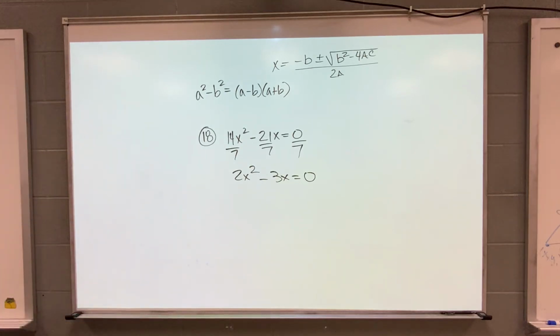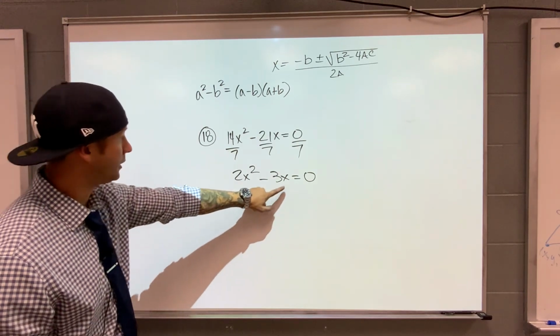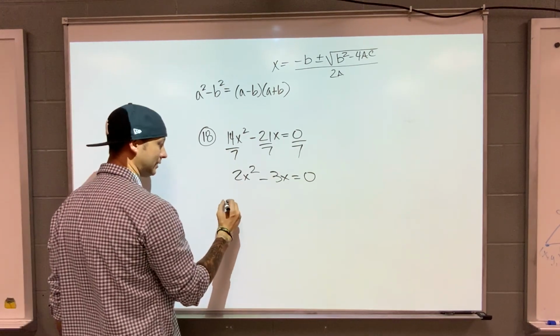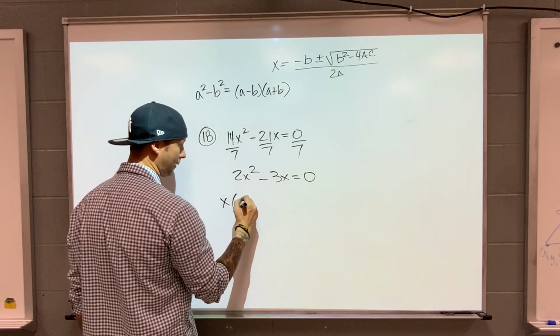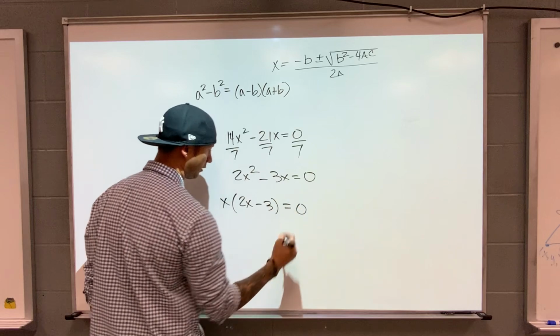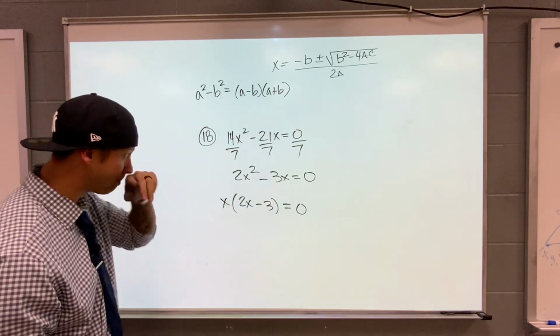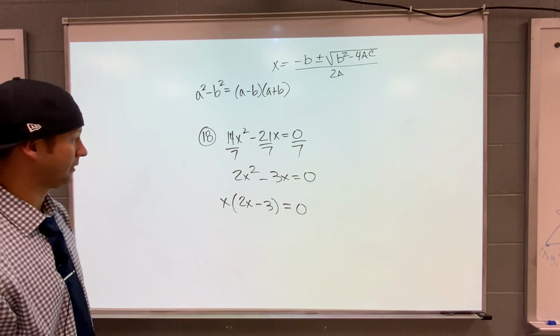Gets a little bit better. There's an x common to both. If I factor out an x, I'm going to get x times 2x minus 3 is equal to 0, right? x times this gives me that. x times this gives me that. So we're just factoring out an x.